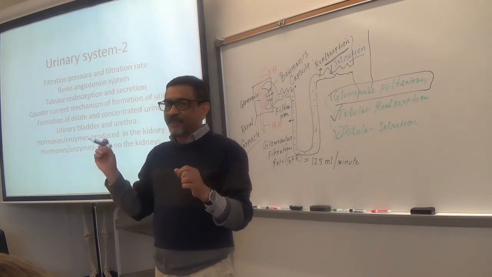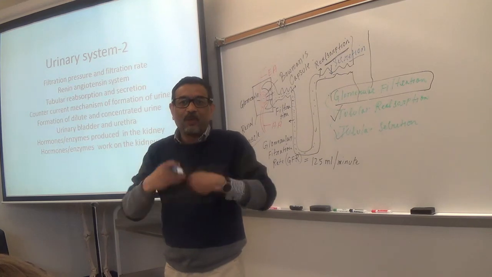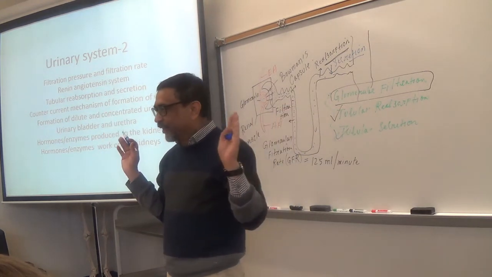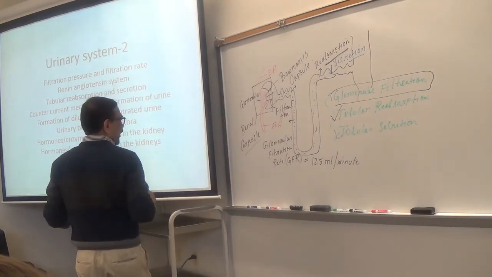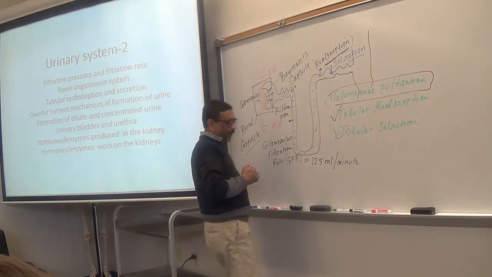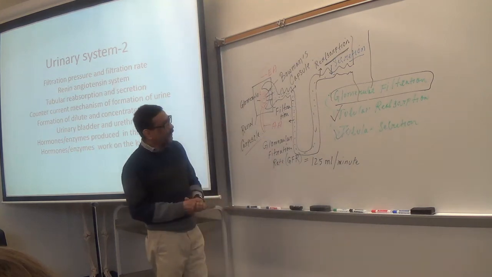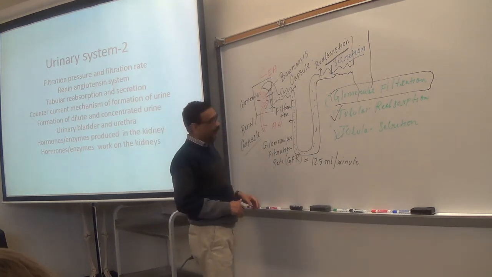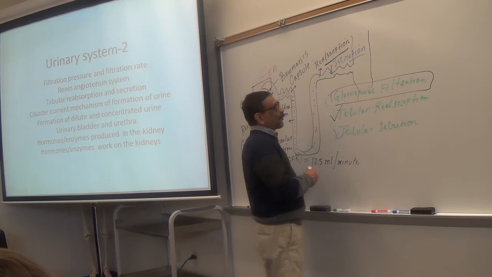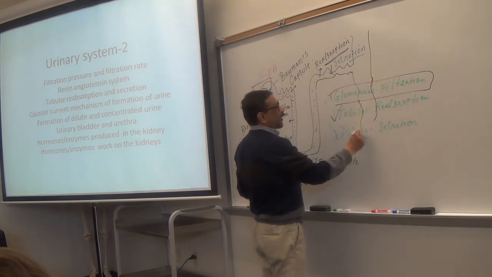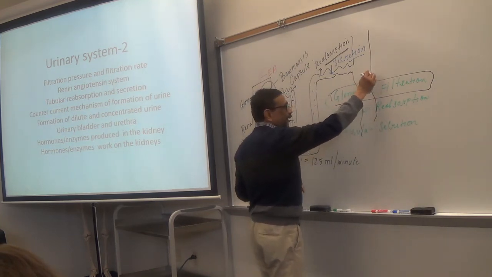Okay? And anything that secretion occurs on will get out from the body with the urine. That is important. Okay? So all those 3 processes are the processes of urine formation. Okay? And finally, this is the collecting duct. You remember that?